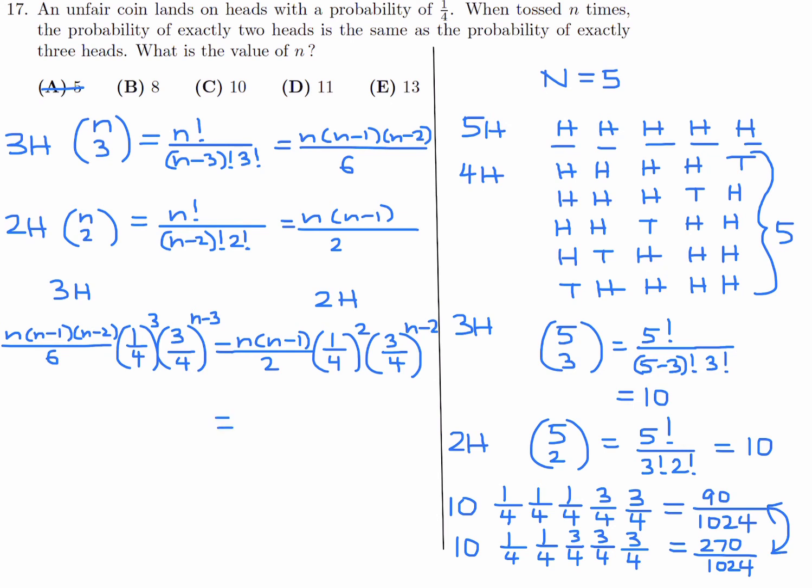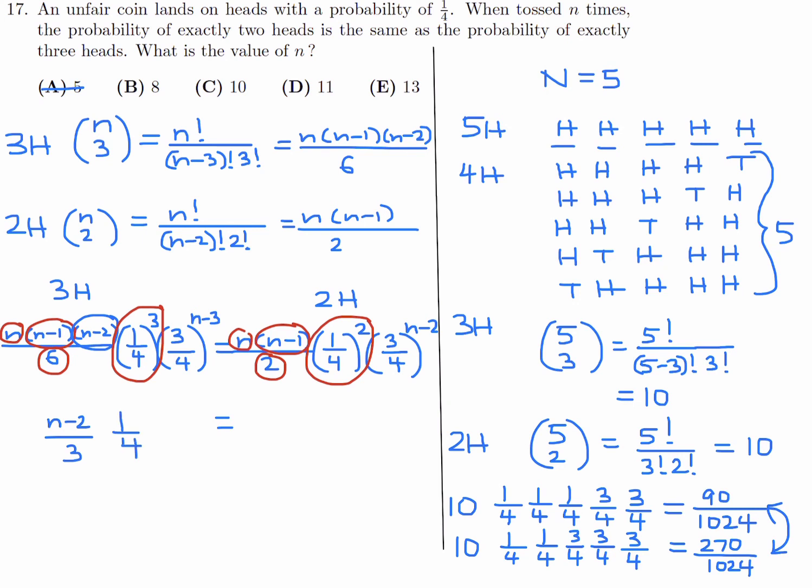All right, so a bunch of stuff will cancel. Let's see how much can cancel here. The n's will cancel, the n minus 1 will cancel, and let's see what else. The 2 will cancel to give a 3. So let's put that there before we forget, and then the n minus 2. And then the 1/4 to the power of 3 and 1/4 to the power of 2 will cancel to just give a quarter on this side.